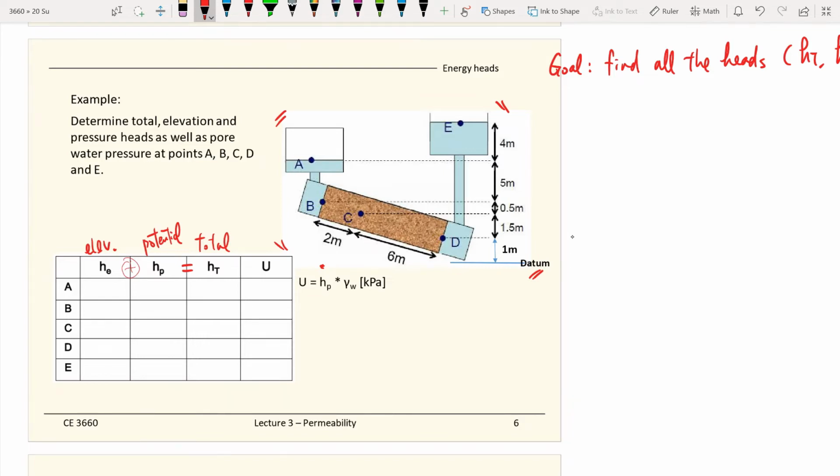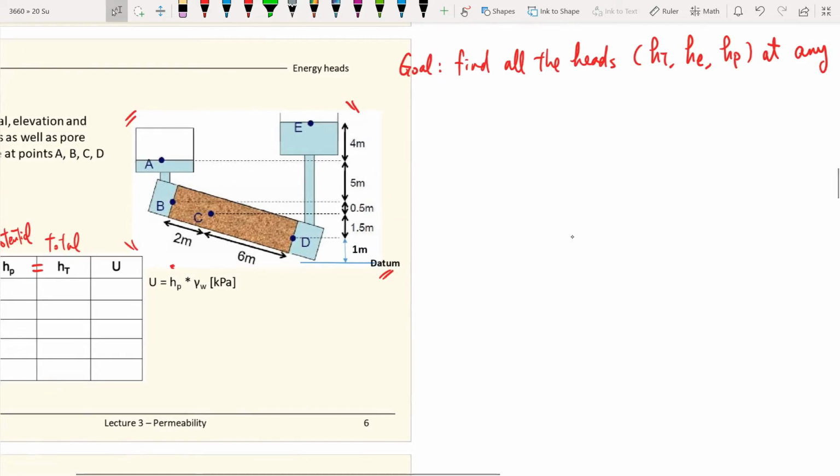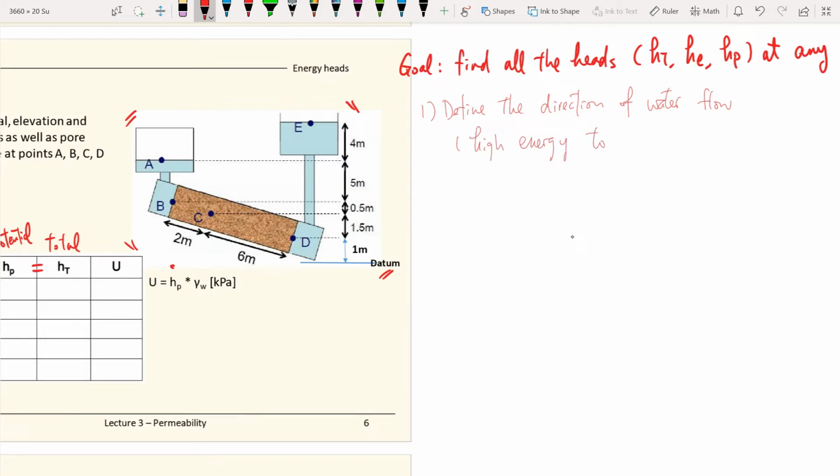For a problem like this, we have a recommended procedure. The very first step is to define the directions of water flow. Remember, we talked about this: water goes from the high energy points to the low energy points.